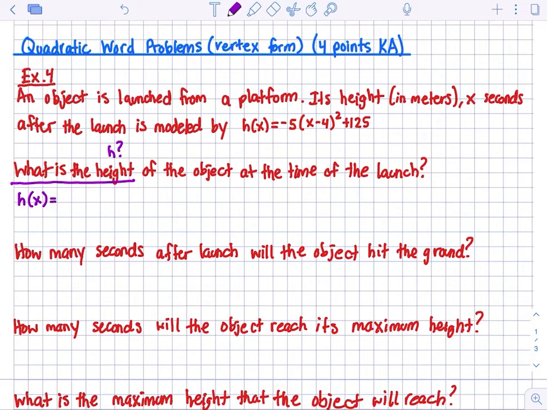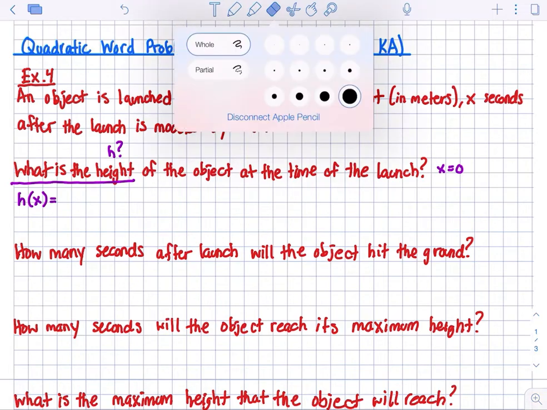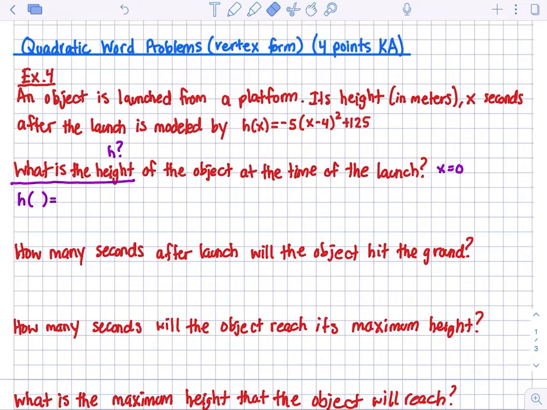Now it says of the object at the time of the launch. What is the time of the launch? That's when x, the time, is equal to 0. Which means you just have to substitute 0 in for your x value and then solve.